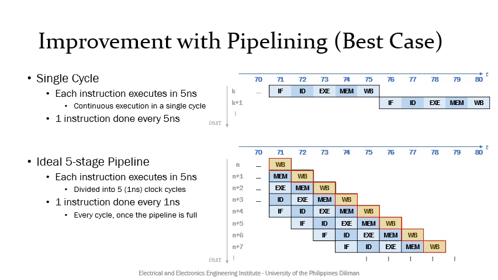However, one instruction is finished every 1 nanosecond, or every clock cycle, once the pipeline is full. Thus, the speedup must be equal to 5 since we went from finishing one instruction every 5 nanoseconds to finishing one instruction every 1 nanosecond.